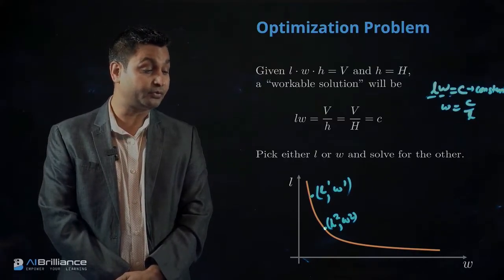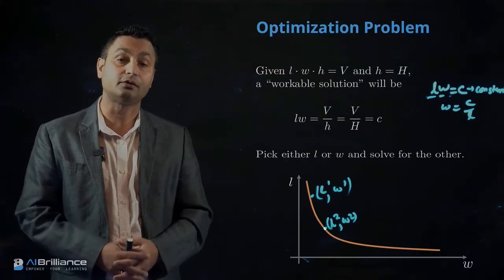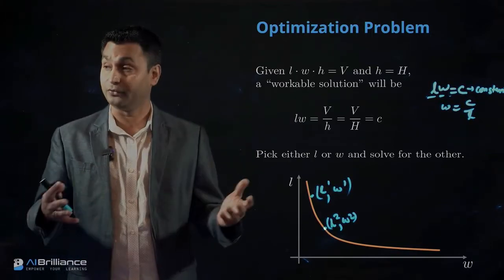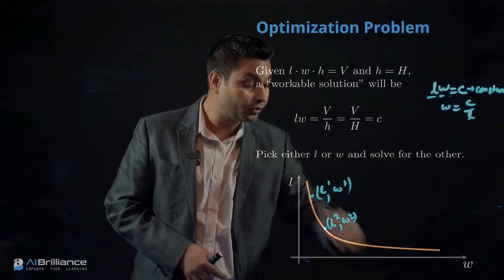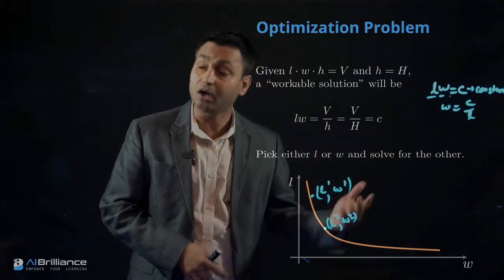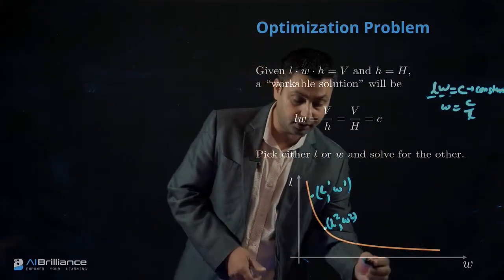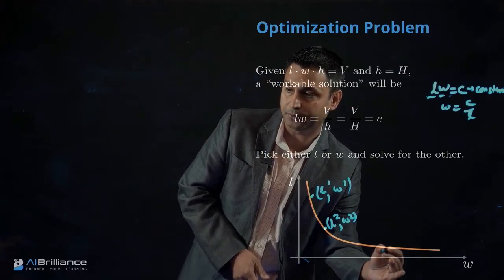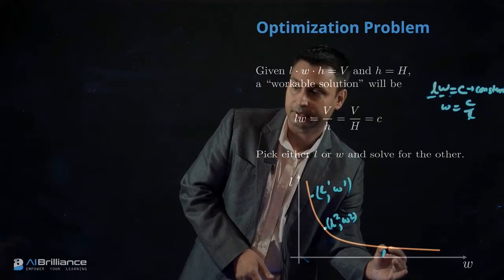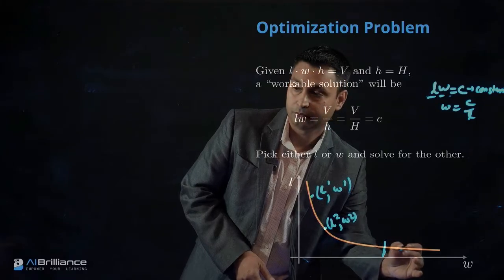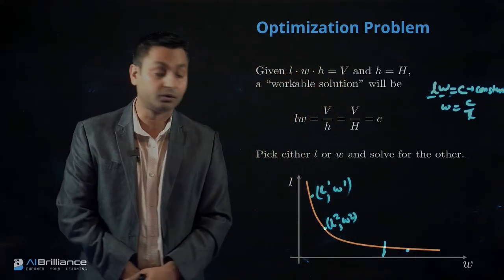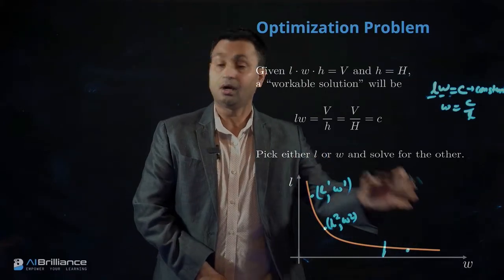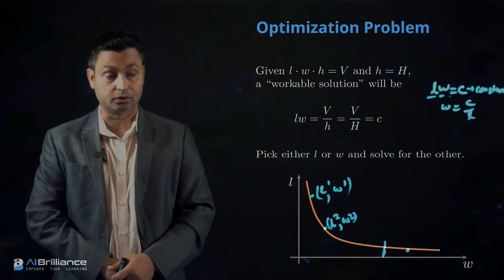There are infinitely many combinations of L and W, different values, which when multiplied together will be equal to this constant, and they lie on this hyperbola. This point, and multiple points. For example, if I pick this point right here, and so on, all of these points are going to be solutions of this equation. So there are infinitely many solutions that we have.